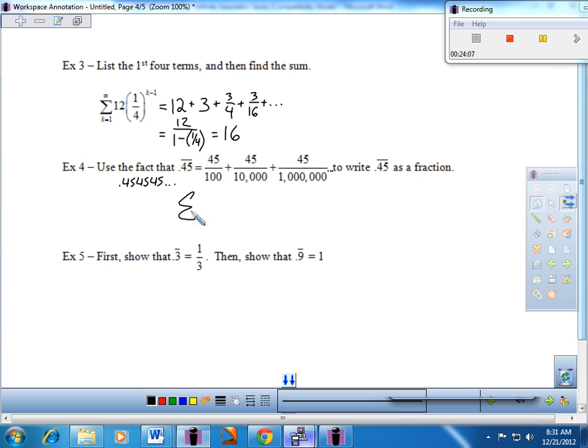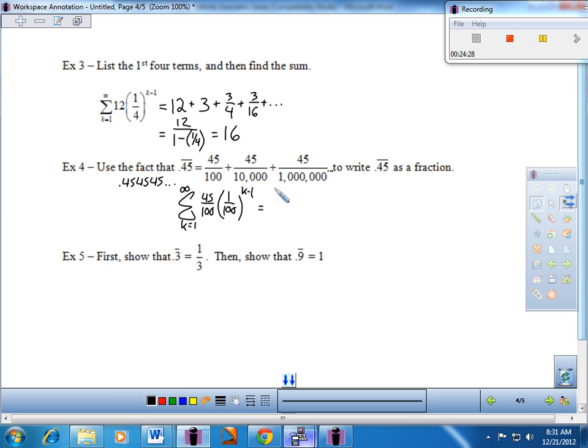Okay, so let's go for it. This is now an infinite geometric series. What I'm going to do is add an infinite number of terms together, and it looks like it's 45 1/100ths, and then our r value is 1 over 100, that 0.01, raised to the k minus 1. How does this work?